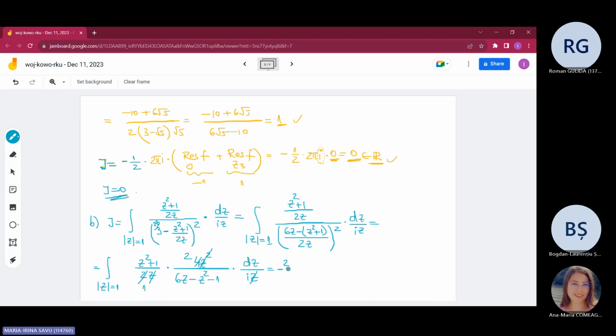And in front of this integral, I could write 2 over i from here. And from here, I get a minus. And this will be actually z squared plus 1.